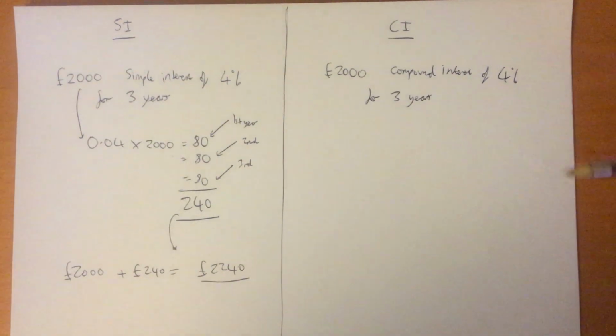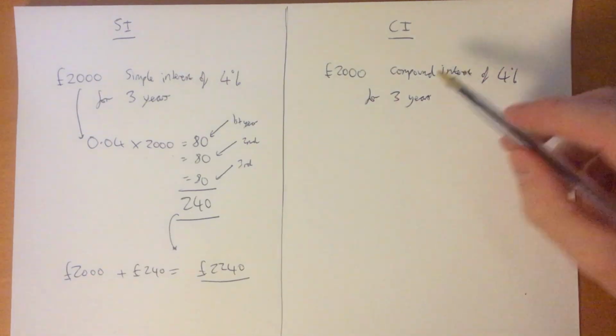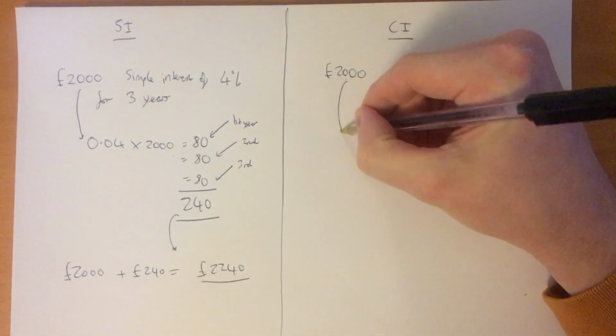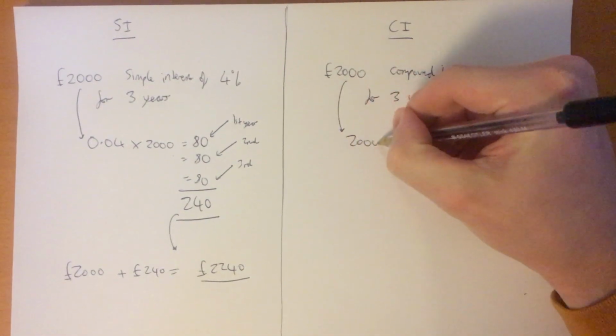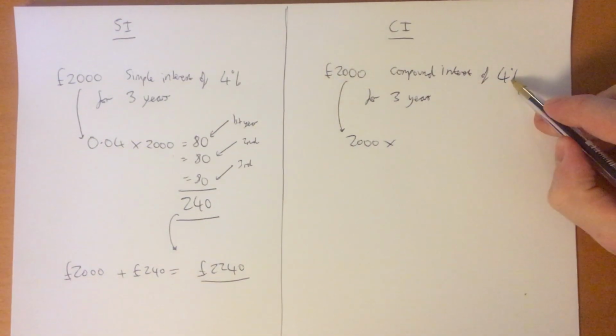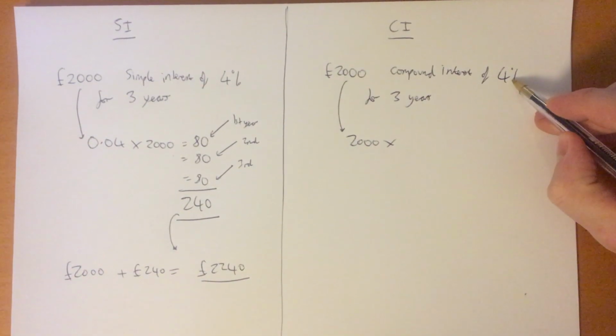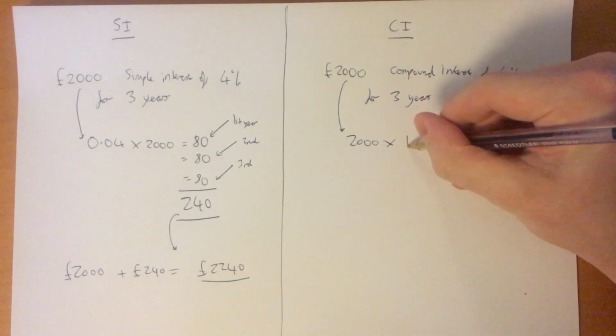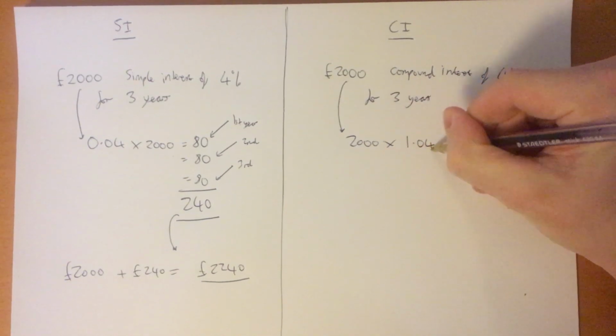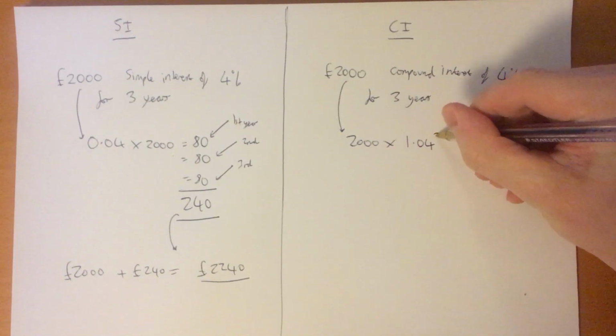Now the exact same question for compound interest is a completely different method. For compound interest, we start with the 2,000 and we multiply it by an increase of 4%, which is 1.04, and then to the power of 3.